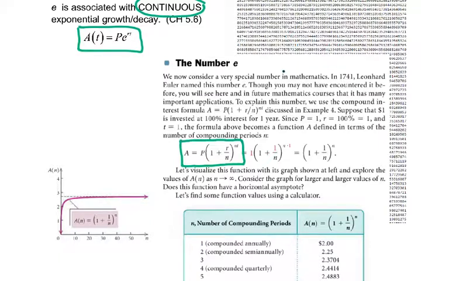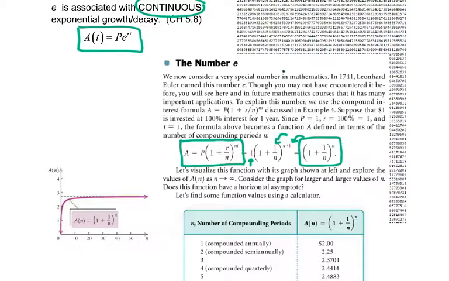So if I take my compound interest formula and I put in $1, a principal of 1, at a rate of 100%, so 100 divided by 100 gives us 1. For a total of 1 year, it would simplify down and look like this, right?